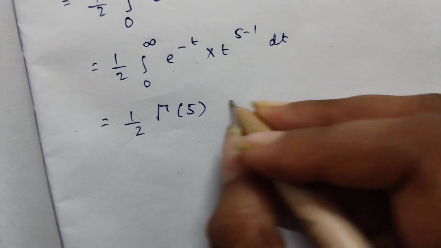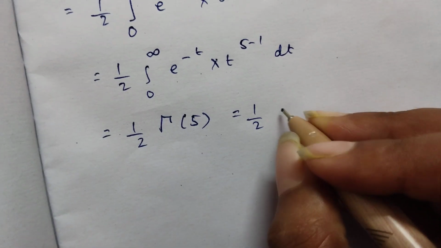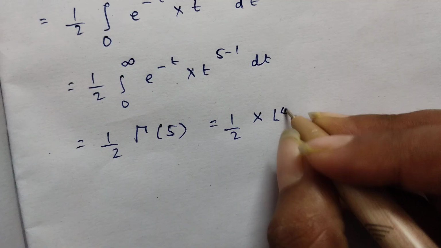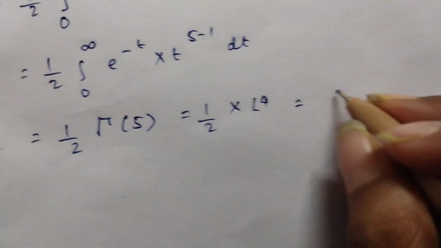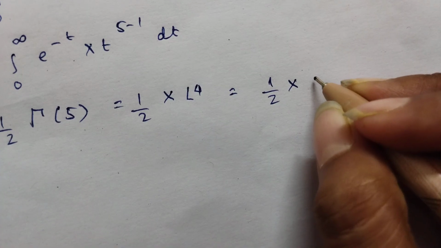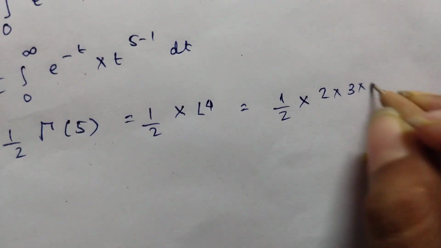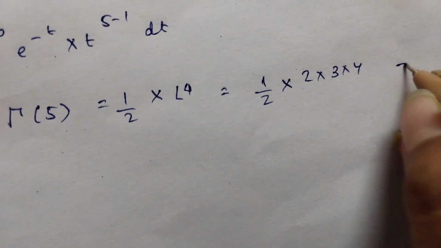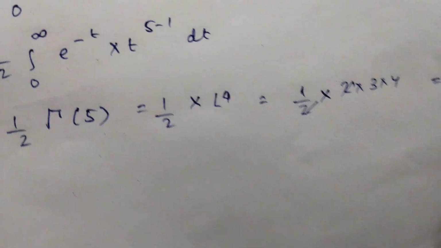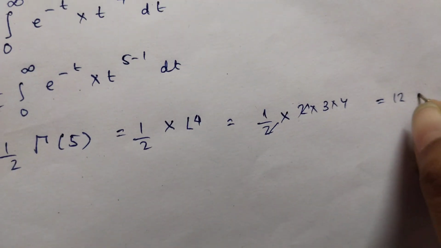Therefore we get 1 by 2 into the factorial of 4. So we get 1 by 2 into 2 into 3 into 4, so we get 12. And hence our problem is solved.